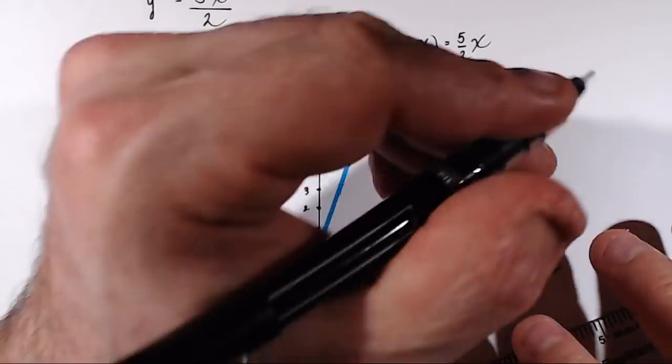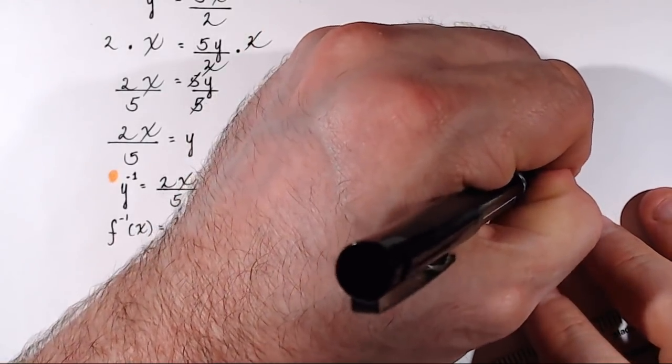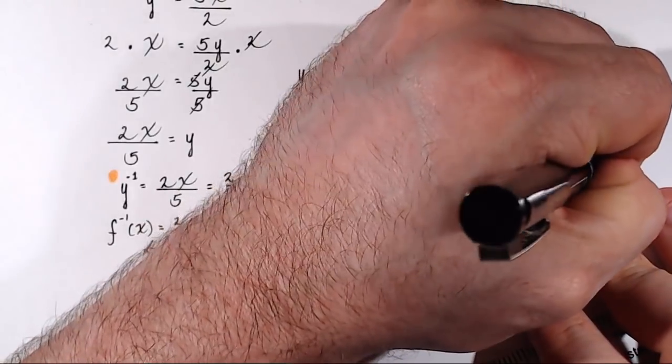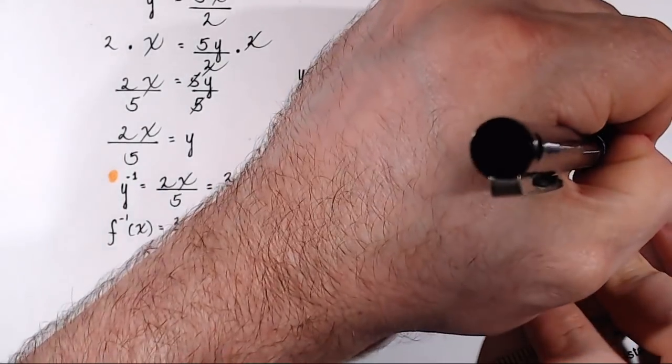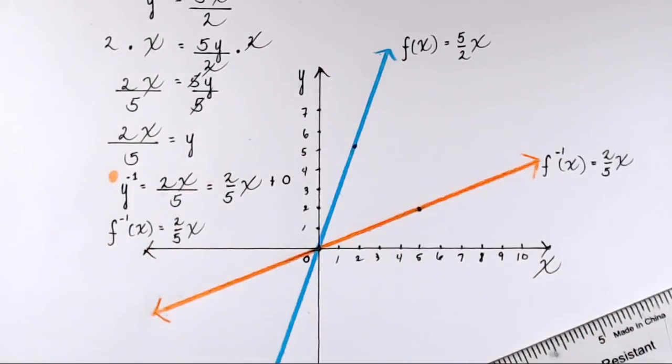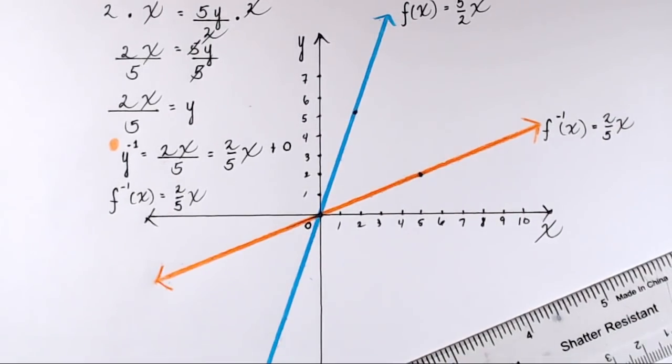Okay. So now f inverse x equals 2 over 5x. Okay. And so these lines, thankfully, do cross, and they cross at the origin point, 0, 0.